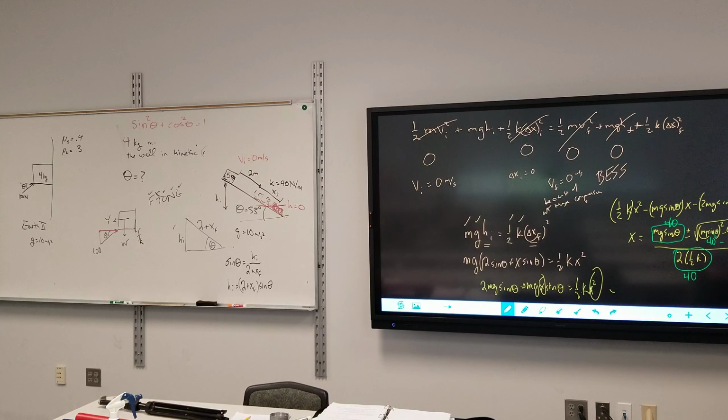All right, so 4 times 20 is 80. 160. 160 times 5 is 800, times 10 is 8,000, times the sine, so that was 8,000 times 0.8, so this is... Something's not right there.